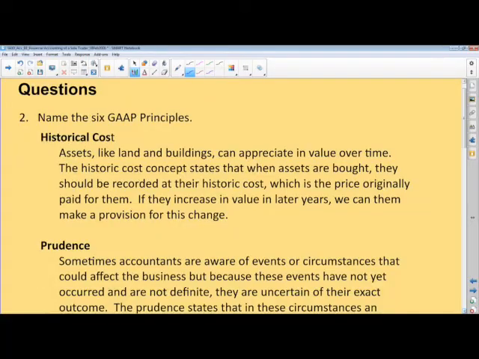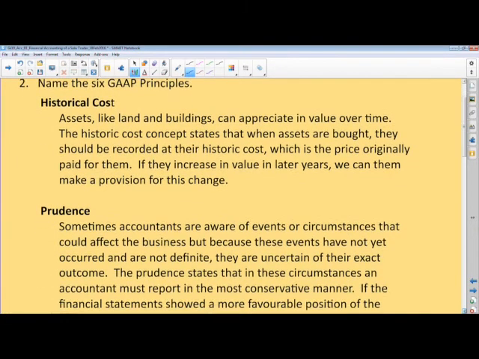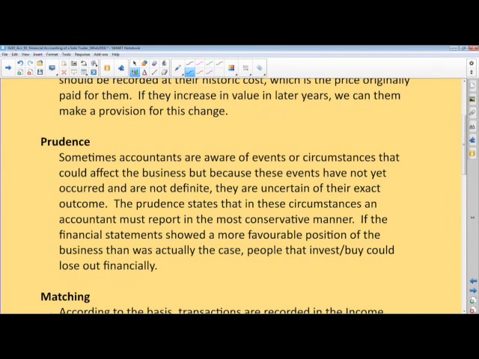Let's go and read it. The prudence principle. Sometimes accountants are aware of events or circumstances that could affect the business, but because these events have not yet occurred and are not definite, they are uncertain of the exact outcome.